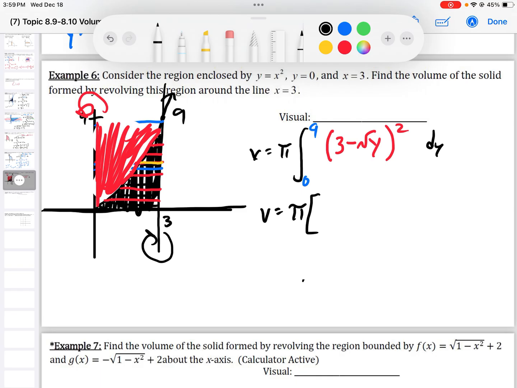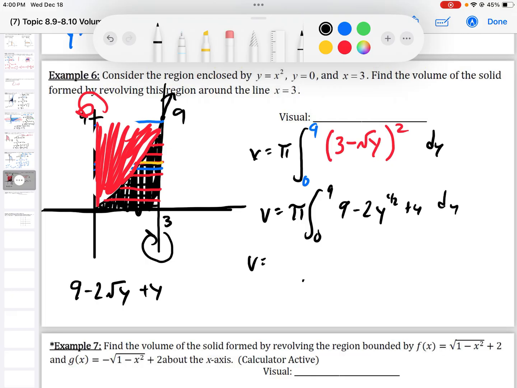So volume would be, okay, so I'm going to write this one out. This would be 9 minus 2 square root of y plus y. Square root of y is the same thing as y to the 1/2, plus y, dy.